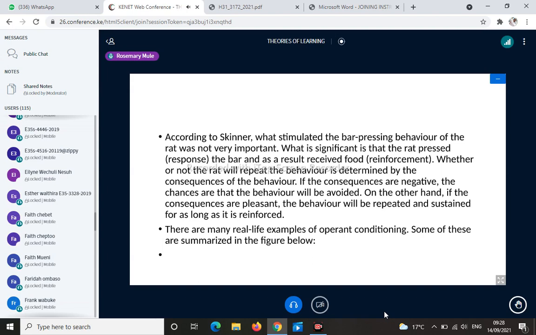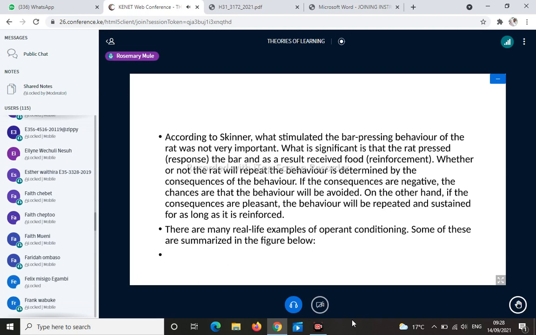But if it pressed the bar and no food came, it would have no business with stepping on the bar. On the other hand, if the consequences are pleasant, in other words, like every time you press the bar there is food, the behavior will be repeated and sustained for as long as it is reinforced.